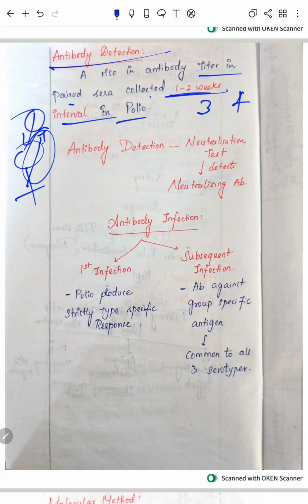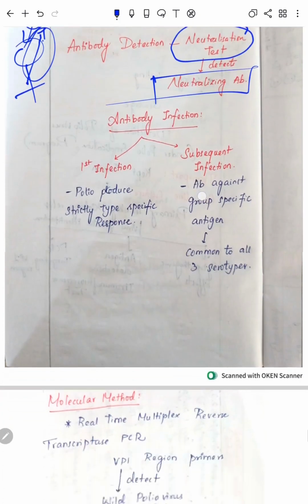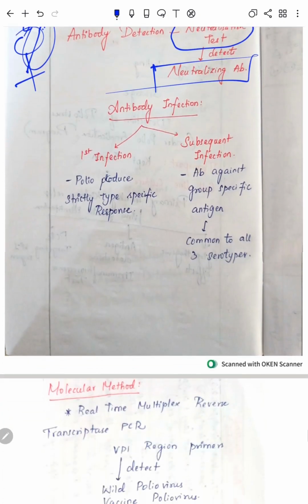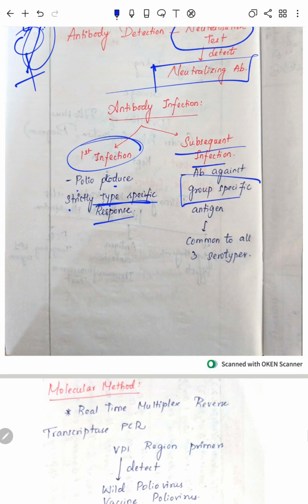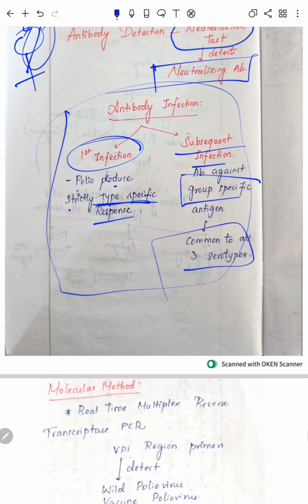Antibody detection is via the neutralization test, which detects neutralizing antibody. The first infection with polio produces a strictly type specific response, and subsequent infection causes a group specific response, common to all 3 types. If you want this part elaborated, just go and read. It's not much important.